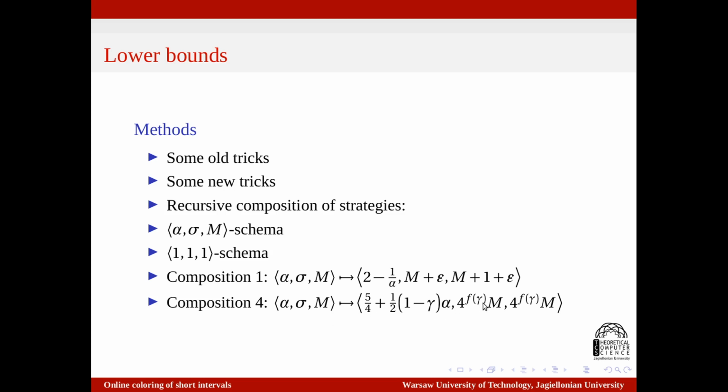There's some additional parameter gamma here, which I'm not going to talk about, but again, it's important that the properties of these compositions are captured by this equation that describes what happens to a schema over the composition.